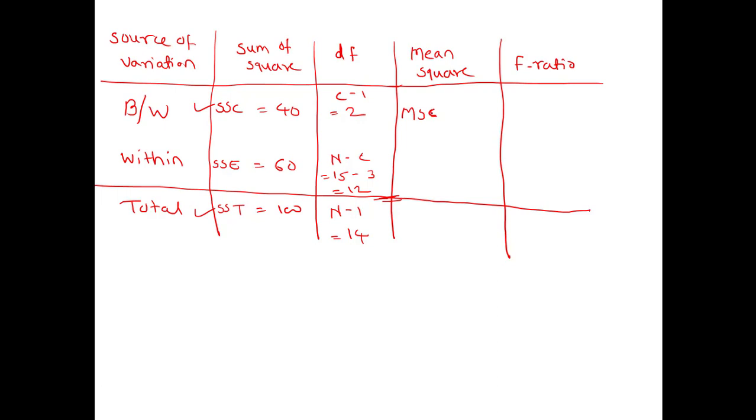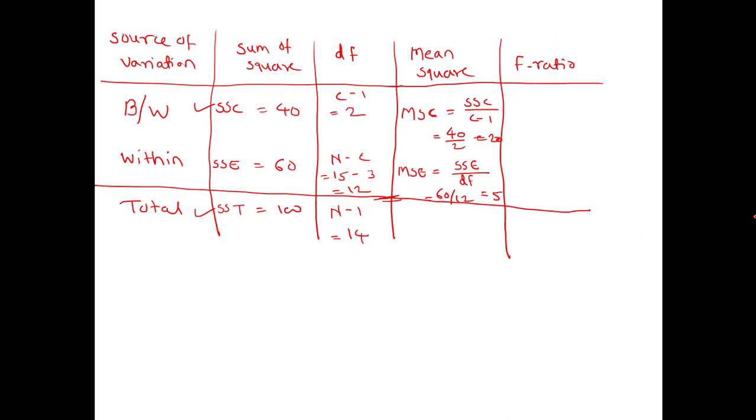C is for column, mean square of column. So the value for this is SSC upon C minus 1, means sum of square upon degree of freedom. So this value is 40 by 2, that is equal to 20. And MSE is equal to SSE upon degree of freedom. So 60 divided by 12, that is equal to 5.